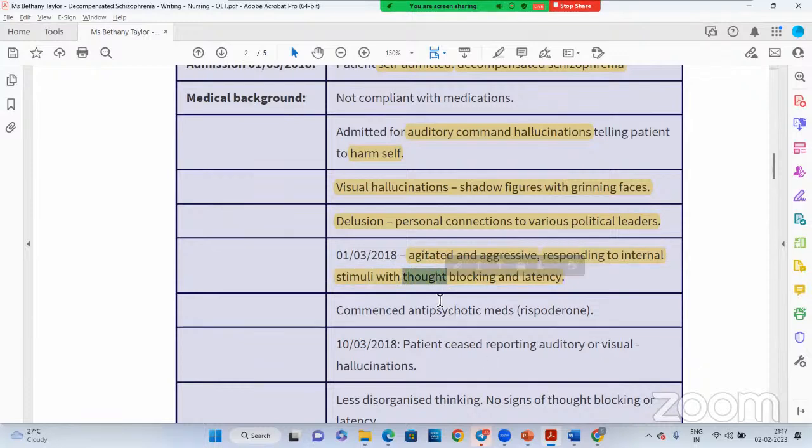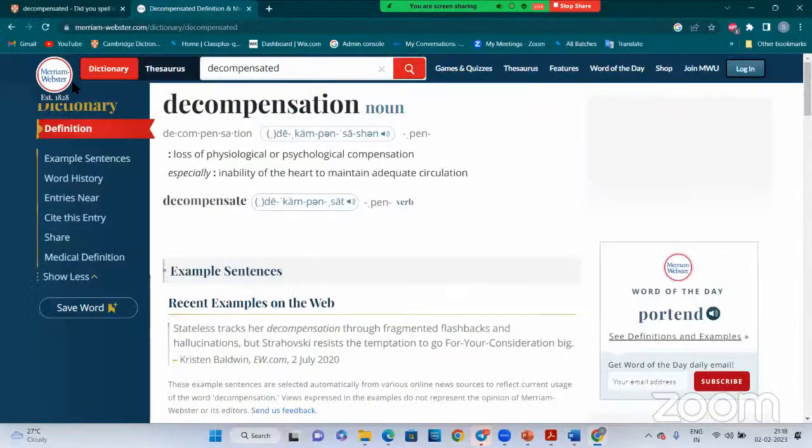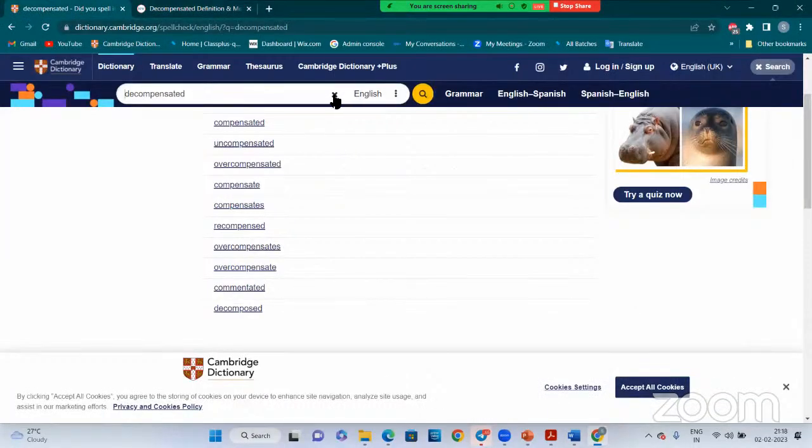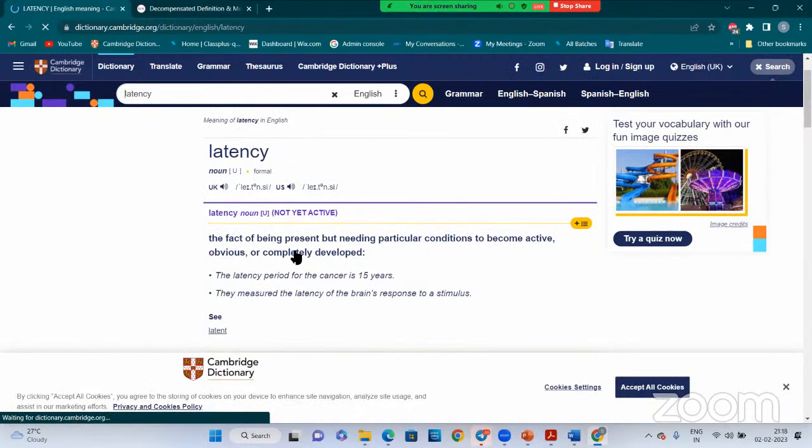Thought blocking and latency. She is not able to think properly. Thought blocking is a thought disorder. Now, what is this latency? The fact of being present but needing particular conditions to become active, obvious or completely developed.